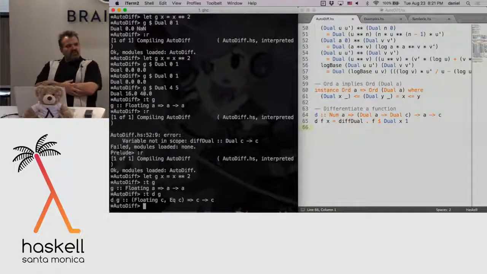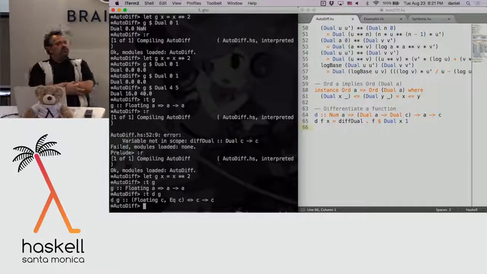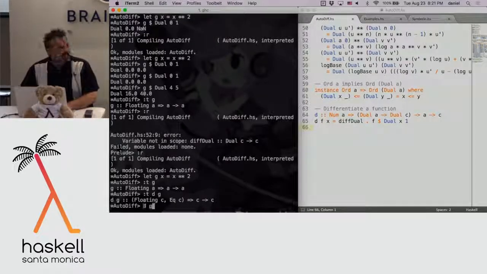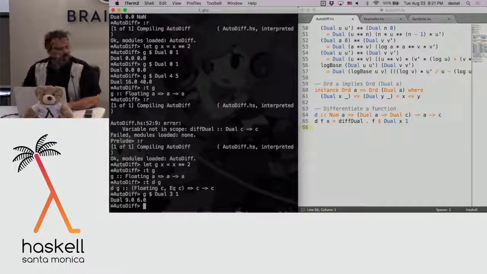It is floating C, eq C, so it picks up a little bit of baggage, but C to C. So DG is not acting on duals. DG is just acting on numbers. So what we did before, let's take our G, we apply it to dual 3, 1, and we get dual 9, 6. That's the function value and the derivative at 3.